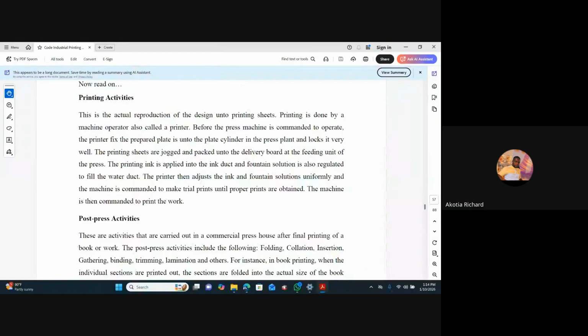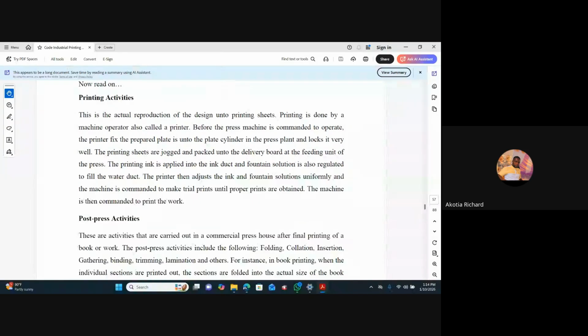Printing activities. This is the actual reproduction of the design onto printing sheets. Printing is done by a machine operator, also called a printer. Before the press machine is commanded to operate, the printer fixes the prepared plate onto the plate cylinder in the press plant and locks it very well.